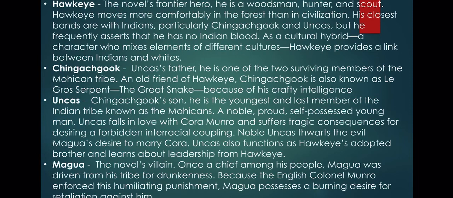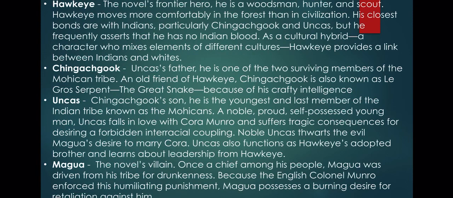Chingachgook and Uncas are the last Mohican warriors. Uncas is Chingachgook's son. He's the youngest and last member of the Indian tribe known as the Mohicans. He falls in love with Cora, and the novel gets conflicted and complex when Magua tries to take Cora and marry her.